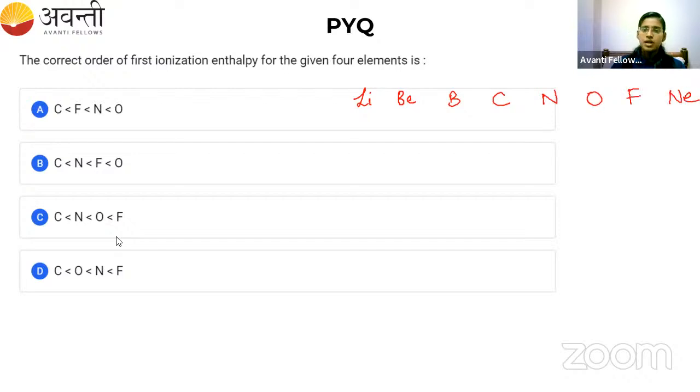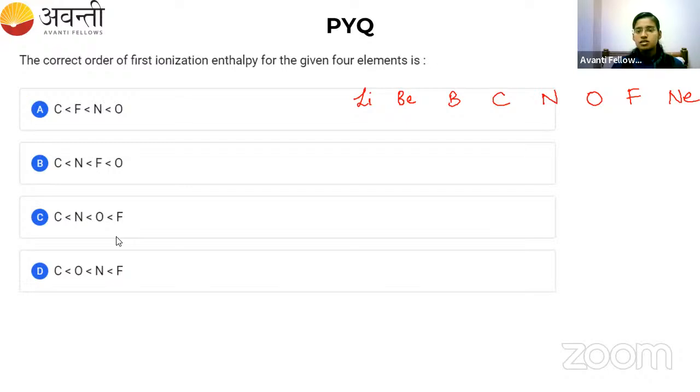So these are the elements present in the second period. Option C or option D, which one is correct? All of you first give me the correct answer in the chat box, then I will discuss.